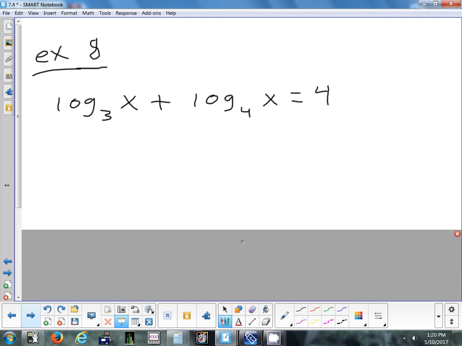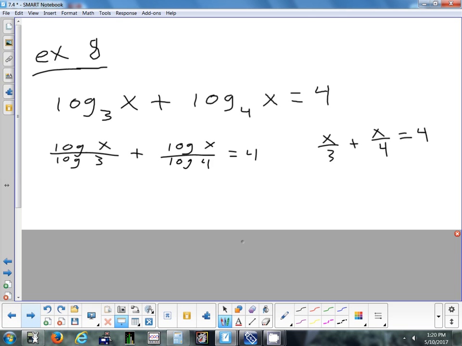So it would be log x over log 3. And how about the second one? Log x over log 4. And now what I basically have is something like this. I'm going to erase this in a second, but x over 3 plus x over 4 equals 4. That's basically what I have.